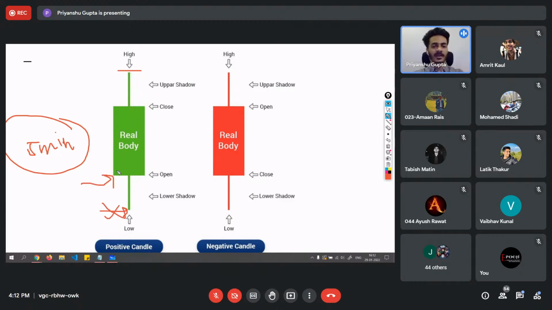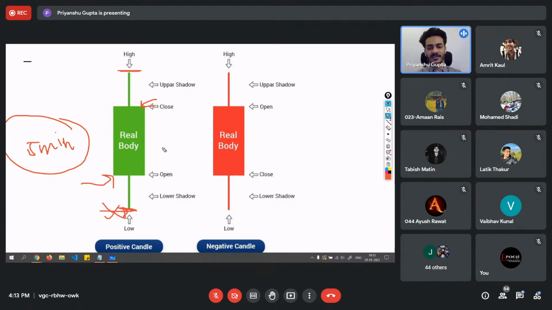We started from here. Now in this 5-minute period, the price went down to here in between and also went up to here. So this was the lowest point of the price in between those 5 minutes, and this was the highest price achieved in those 5 minutes. But after 5 minutes, the actual value of that coin was this. Okay? So this was basically a positive candlestick.